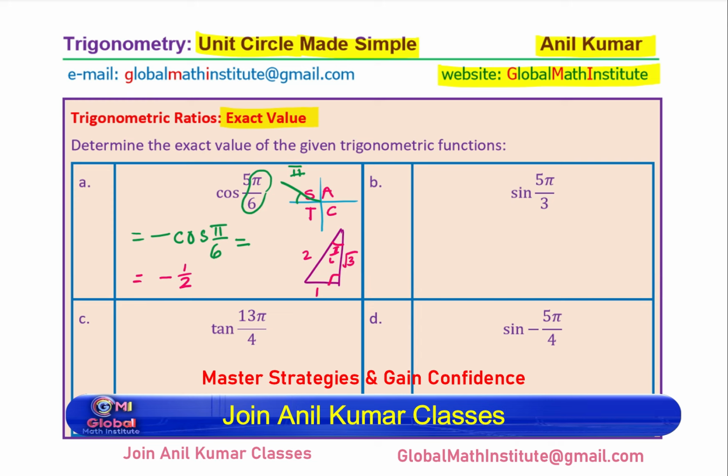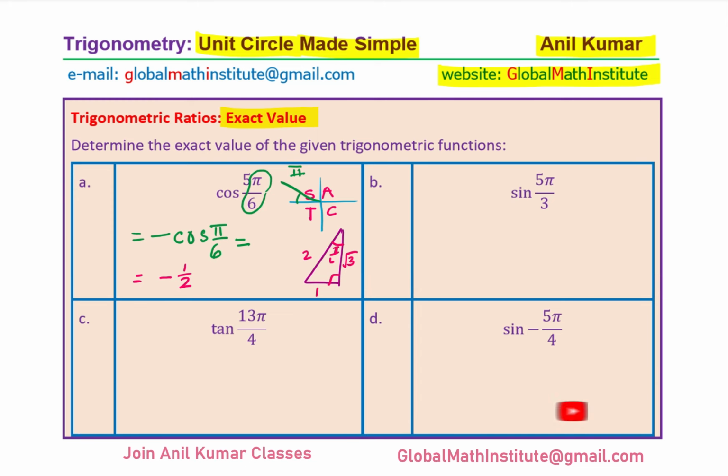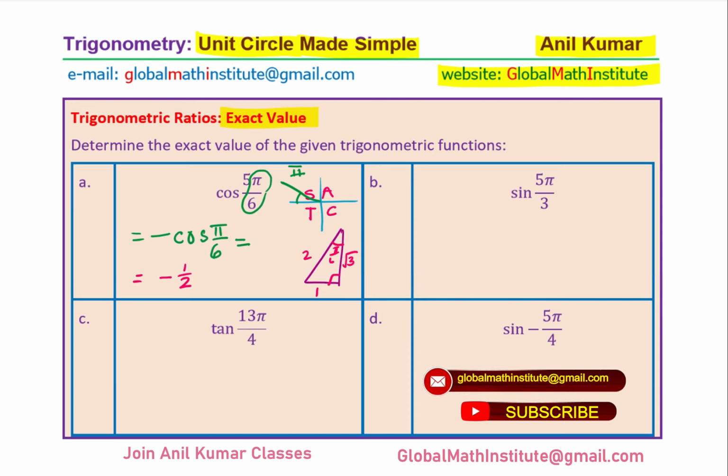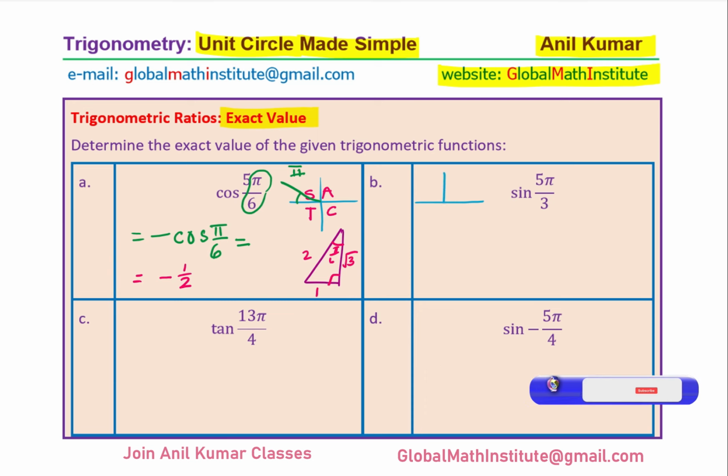Let's follow this procedure once again and now find what is sine 5 pi by 3. How do we find sine 5 pi by 3? Follow the same procedure, right? Again, where will this be? 5 pi by 3 is going to be in quadrant 4.